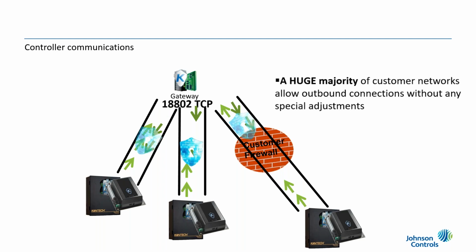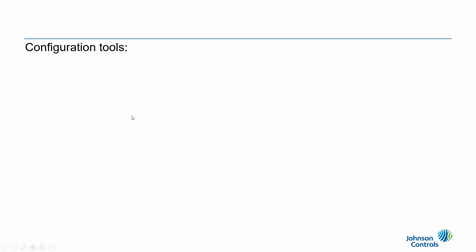But 99% of the systems out there, offices, warehouses, anything, will actually allow an outbound connection. It's always on the same port, 18802. So the outbound connection always happens on that particular port.